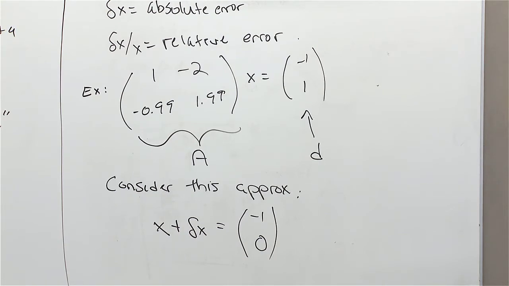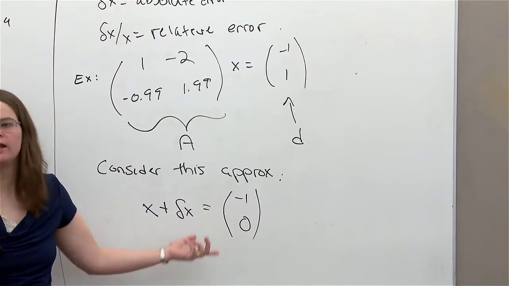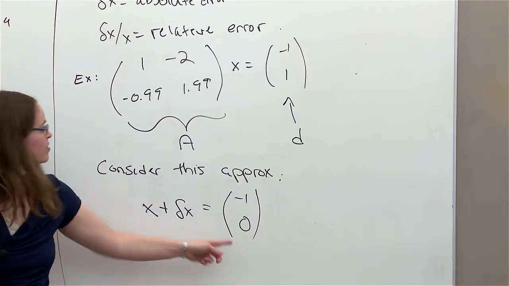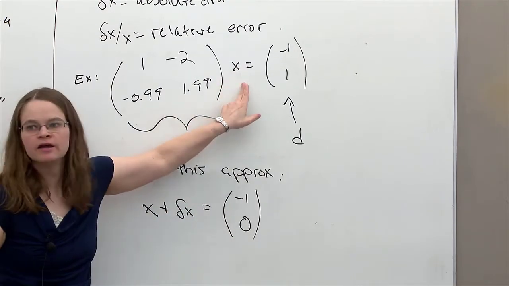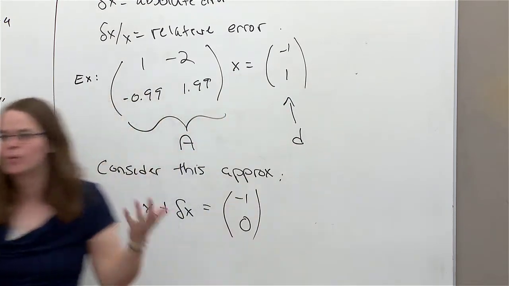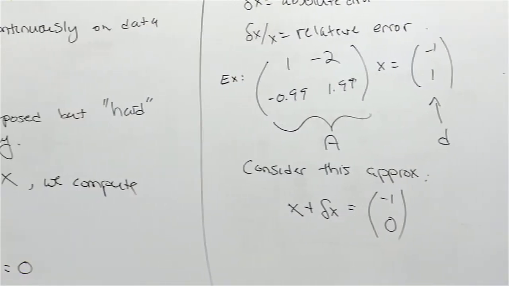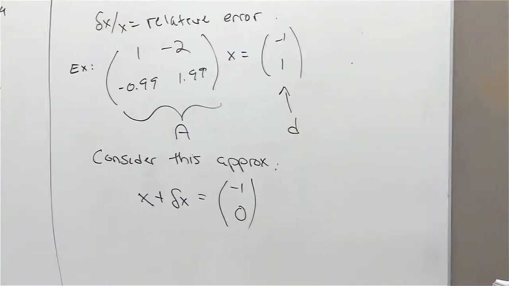Okay, and so we look at this approximation and ask, is this solving the right problem? Well, an easy way to check is to plug this value in here, do the matrix vector multiplication, and see if we get something close to this right-hand side. We hope we do. In an ideal world, we'd get exactly our right-hand side, but we know there's some error coming up, so we probably won't. But let's plug it in.